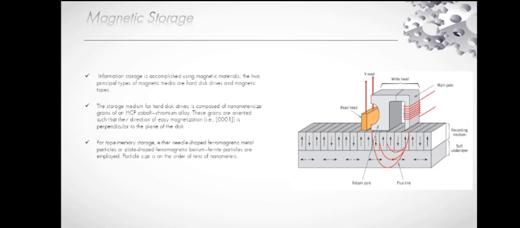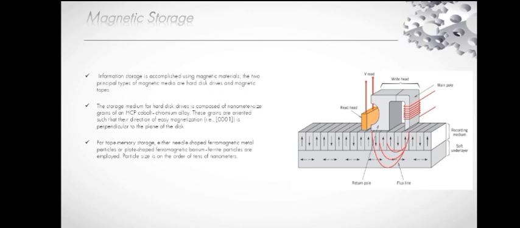Magnetic storage. Information storage is accomplished using magnetic materials. The two principal types of magnetic media are hard disk drives and magnetic tapes. The storage medium for hard disk drives is composed of nanometer-size grains of an HCP cobalt-chromium alloy.